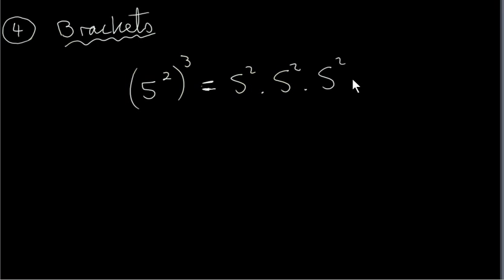Now we can use our rule for multiplication. The base numbers are the same. These numbers are 5s, they're all the same. So we just add the powers. So we get 5 to the power of 2 plus 2 plus 2, which is 6. So you can see the rule. We just multiply 3 by 2 and we get 6.